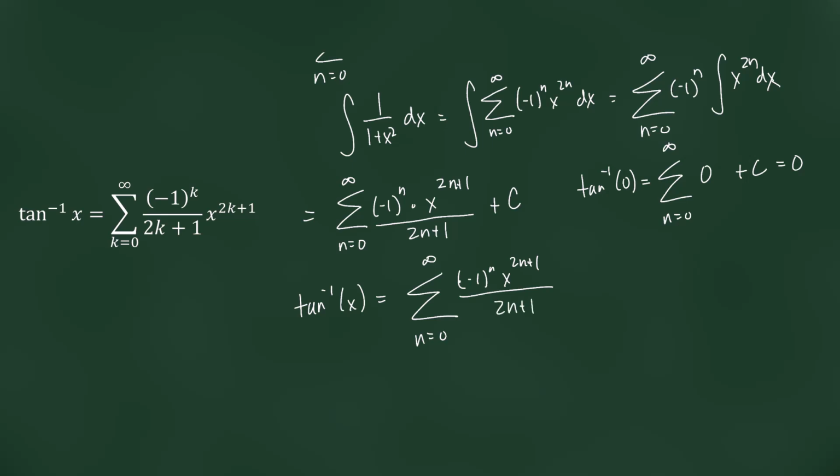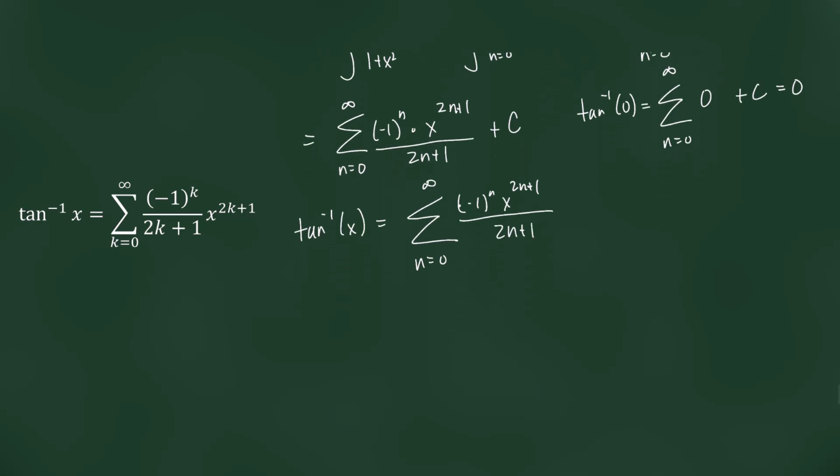And we need to know our interval of convergence. So we'll examine now the limit as n goes to infinity of the absolute value of x^(2(n+1)+1) over 2(n+1)+1 times 2n+1 over x^(2n+1).